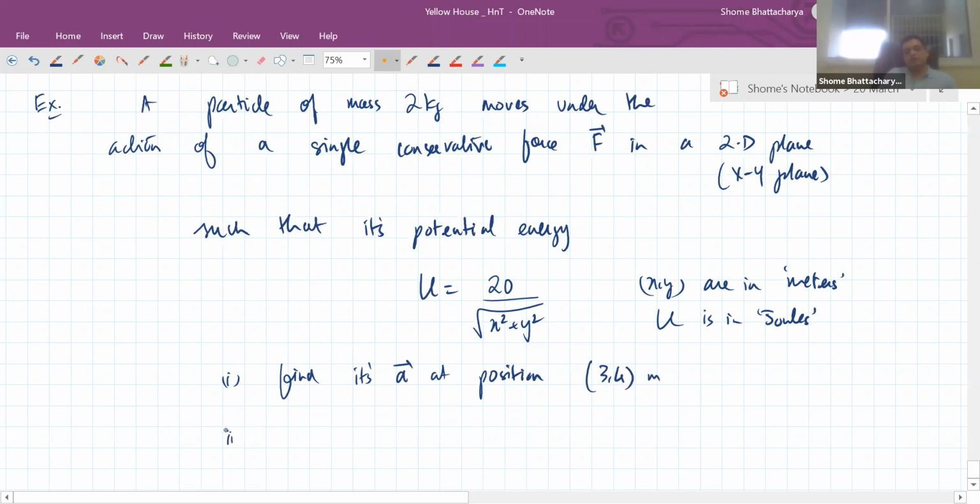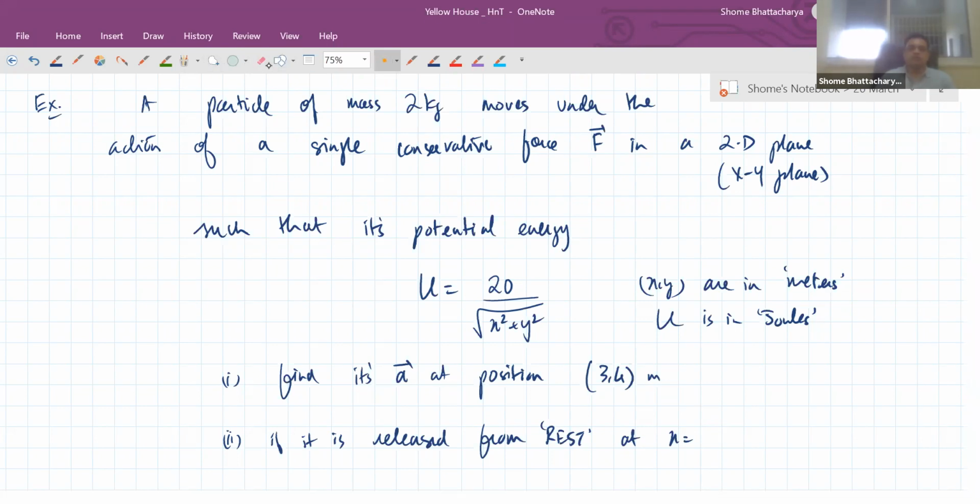And secondly, if it is released from rest from the position 1 comma 0 in meters, then which direction will it move in?